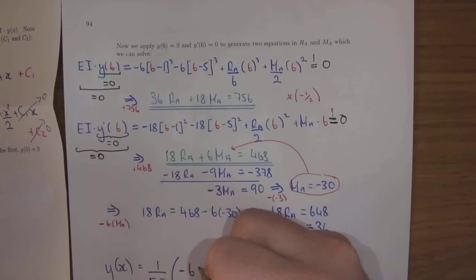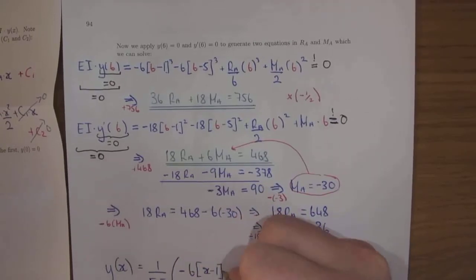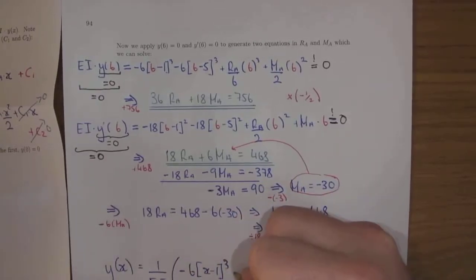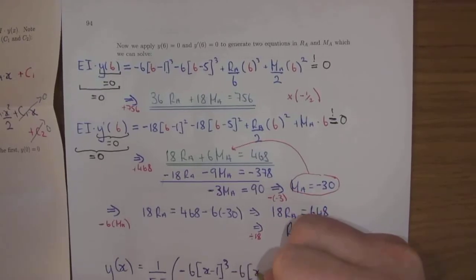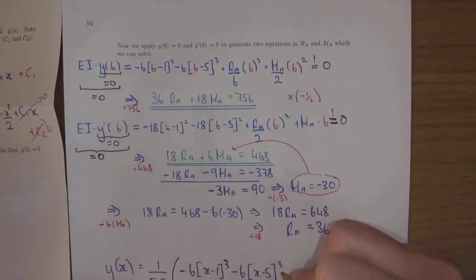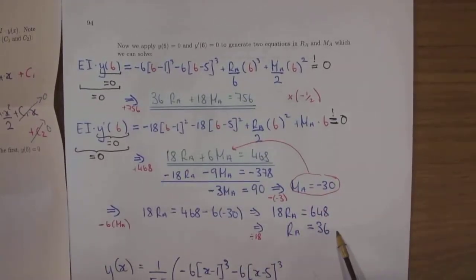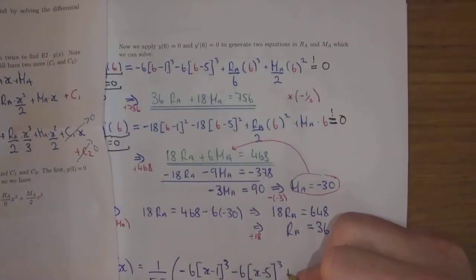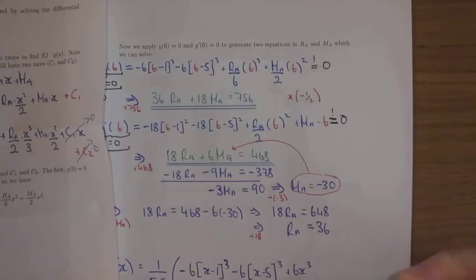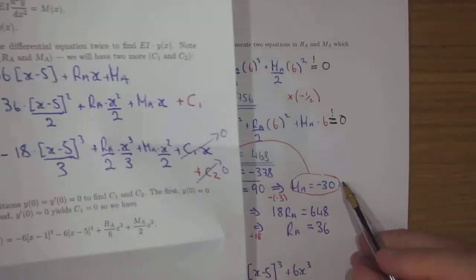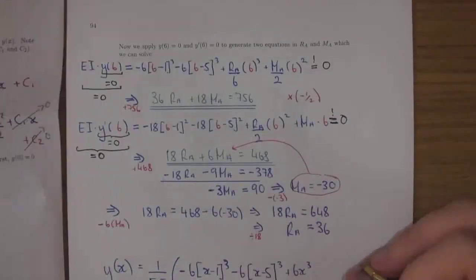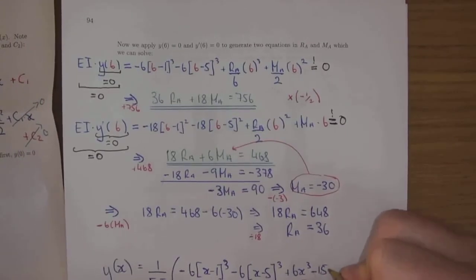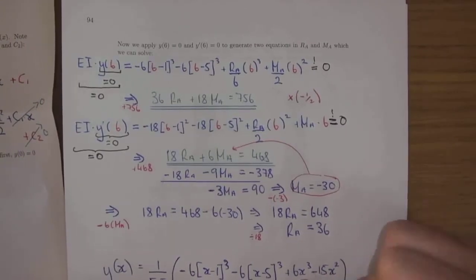We have minus 6, this is taken from the previous page, x minus 1 cubed, minus 6 square bracket x minus 5 cubed. Now Ra is 36, and 36 divided by 6 is 6. And then the ma is minus 30, good that it's negative, divided by 2 is minus 15. Minus 15x squared. C1 and C2.